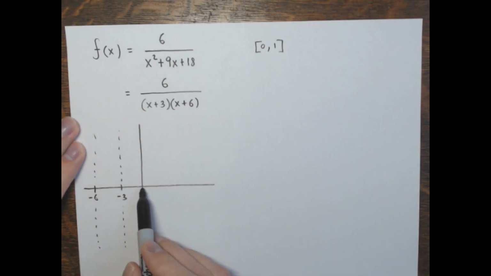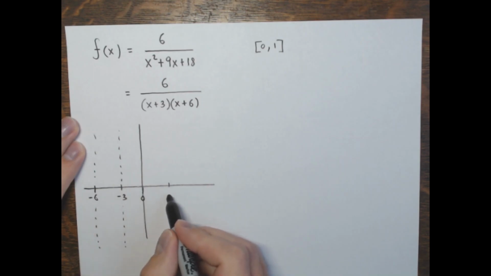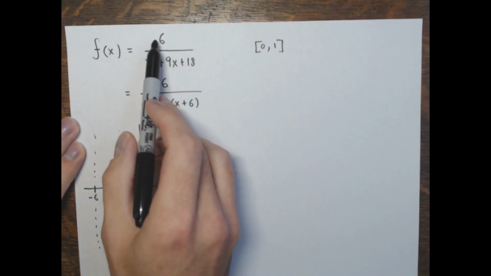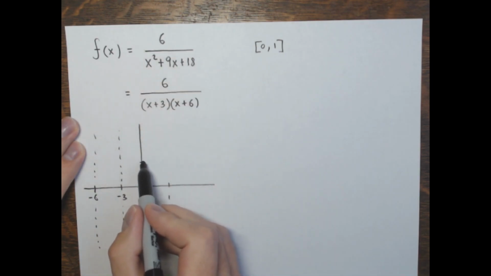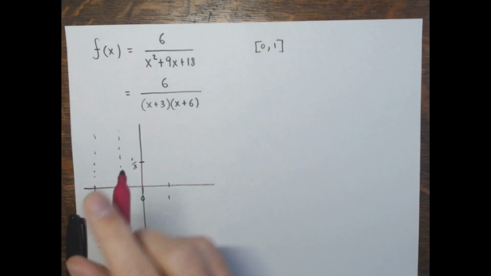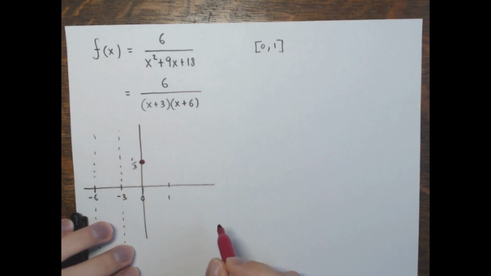And the value of the function over here, from 0 to 1, since we're only looking at the interval from 0 to 1, would be positive. When x is 0, you'd get 6/18, which is 1/3. So I'm really not worried about these asymptotes. I'm just graphing it over here. It's going to be positive values.